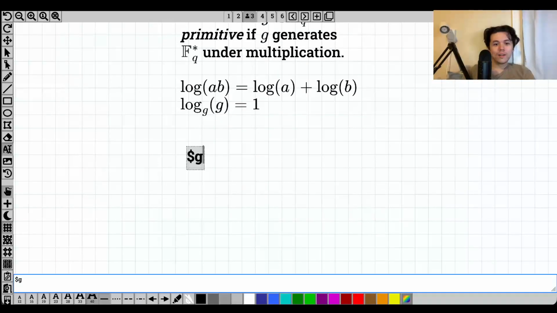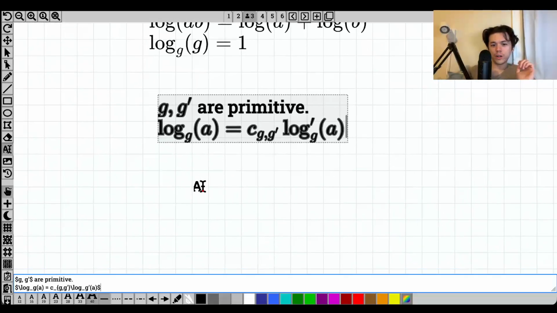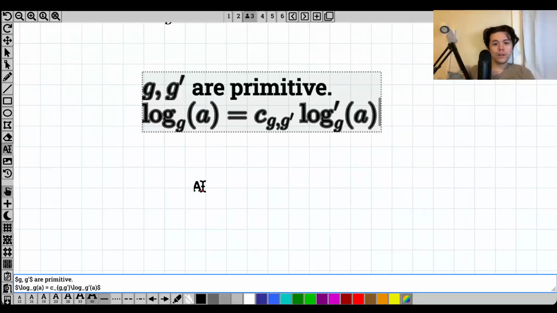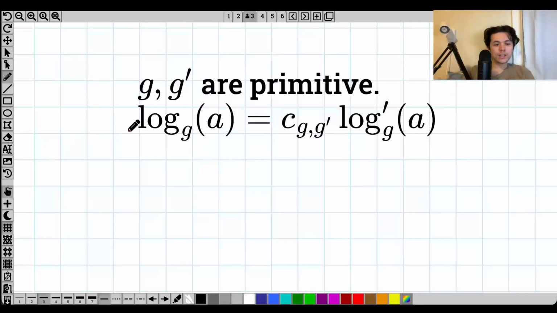So let's say we have g, g', our primitive roots. That means that we'll have log_g(a) equals c_{g,g'} times log_{g'}(a). So what is c_{g,g'}? Well, we can exponentiate on both sides by g and see what we get.